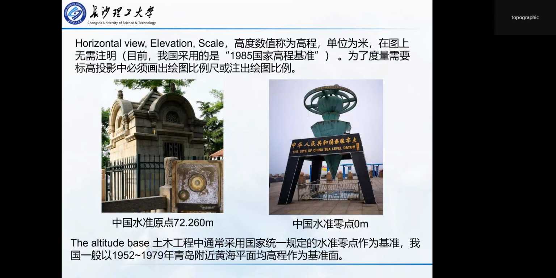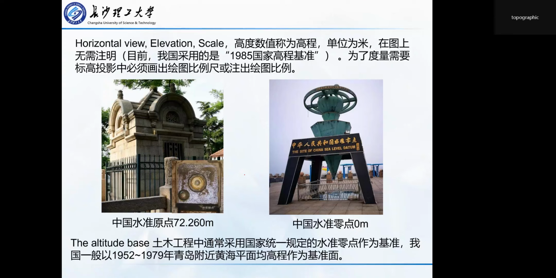And as for China, the Chinese datum elevation geodetic datum is in a city called Qingdao, and this one is the zero datum, where sea level elevation is zero.